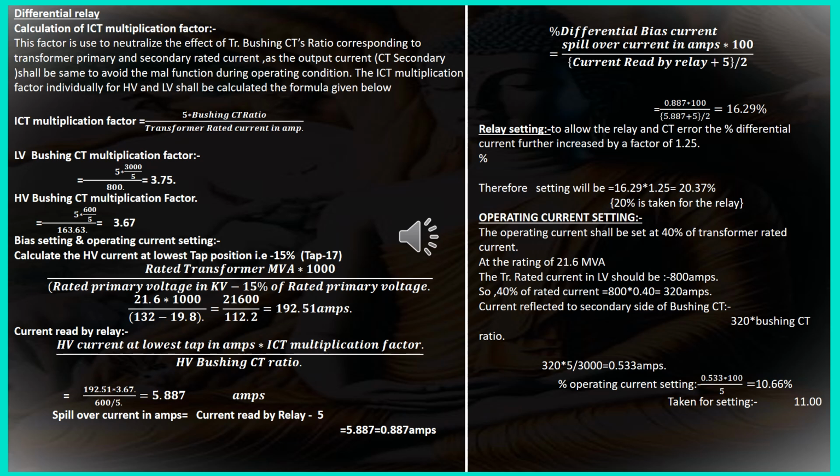Now the multiplication factor, how they have calculated it.